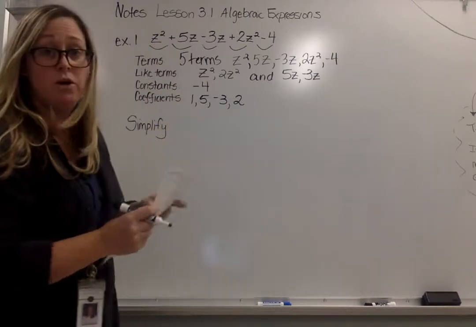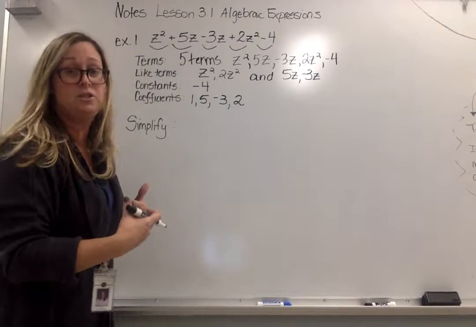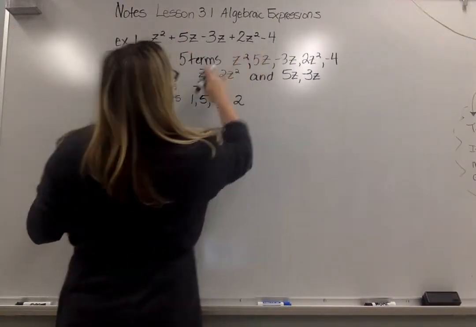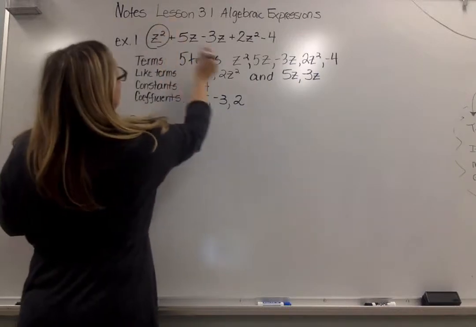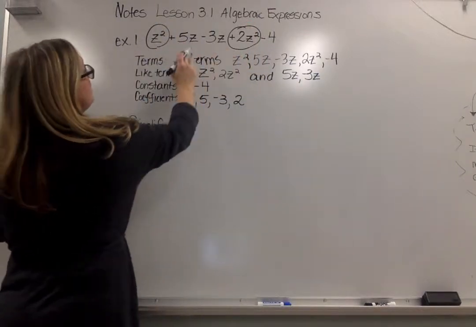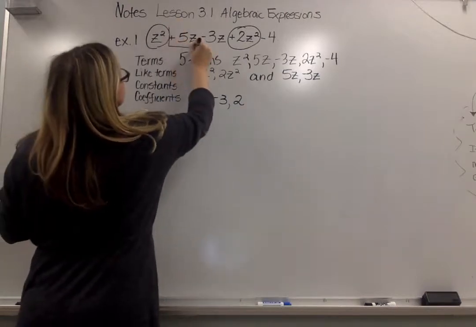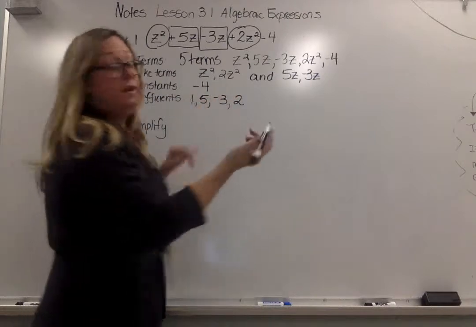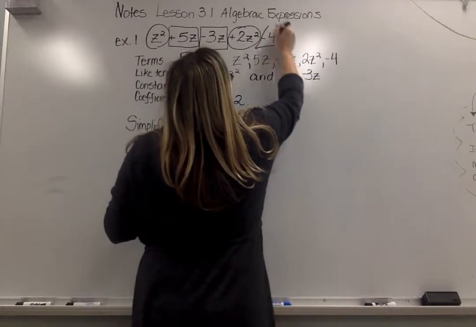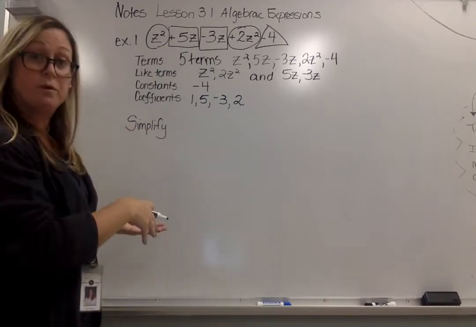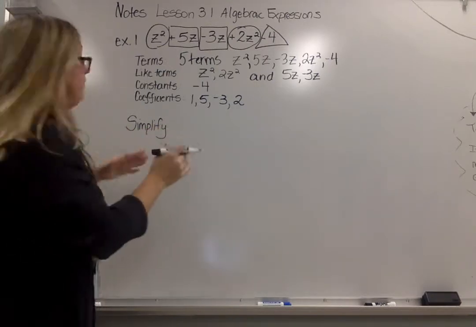Now, if I were to simplify, I like to use the strategy of circle square methods. So I'm going to circle the like terms, so they're easy to see. And then these are like terms, so I'm going to square those. And then that term's got nothing, so I may even triangle that one, just so it's visually easy to see for me. You may want to rearrange them, you may want to underline, I don't care what you do.